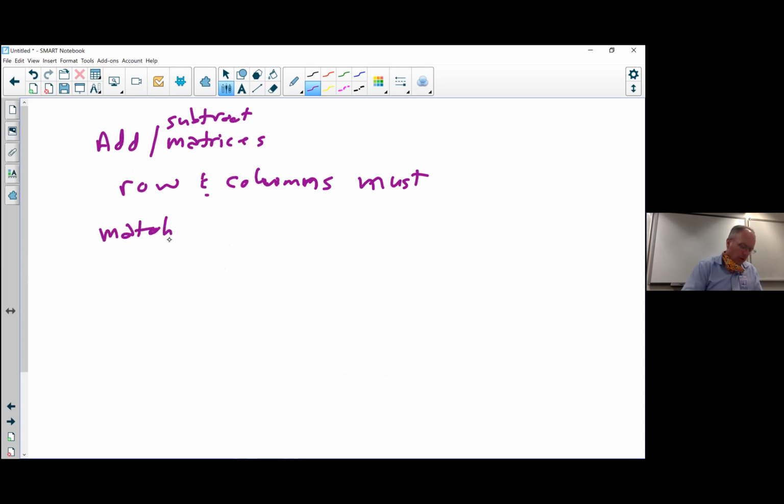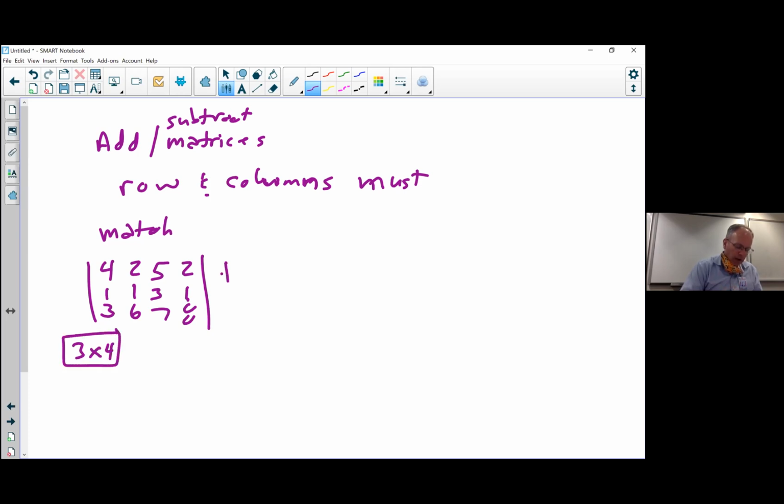Okay, so if I had this, it is a 3 by 4 matrix because I have 3 rows and 4 columns. If I were to add or subtract it, I have to add it to another 3 by 4. So this is also a 3 by 4 matrix.